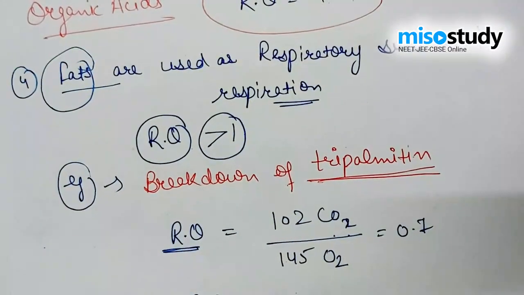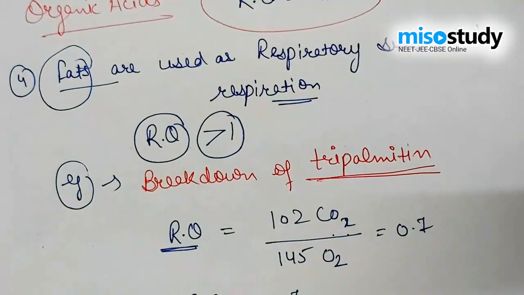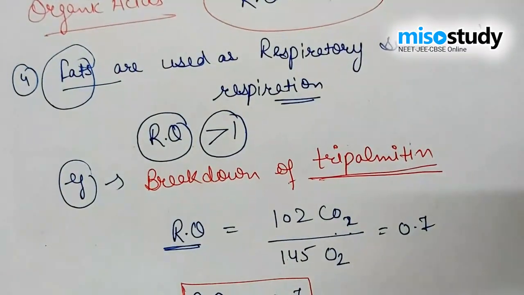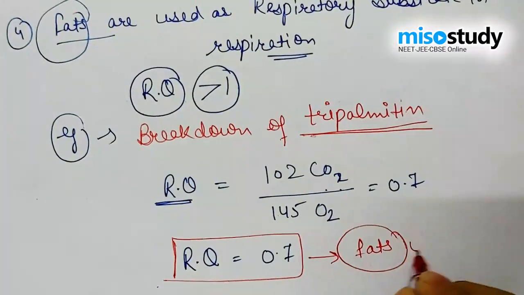That is, the respiratory quotient is less than 1 and the value is 0.7 in the case of fats.